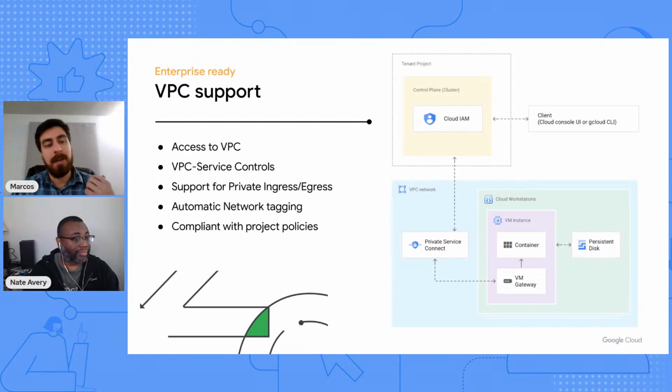This means you get benefits such as access to other resources within your private network without transitive peering issues, VPC service controls for additional security prevention, the ability to have fully private ingress and egress to ensure that only people that are already VPN'd inside your network can access workstations, and typical elements such as network tagging or applying policies to those resources.